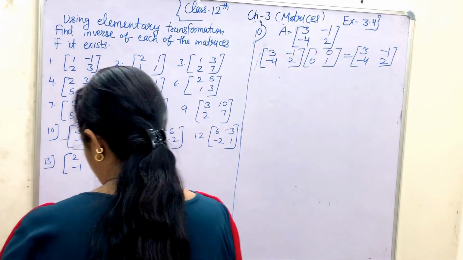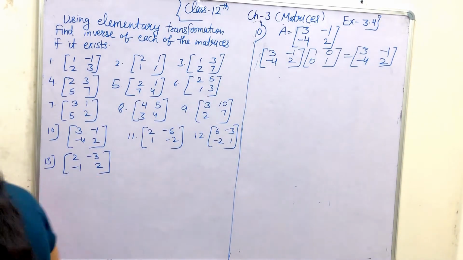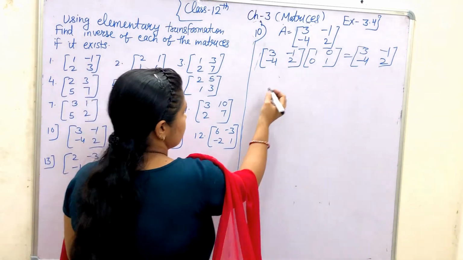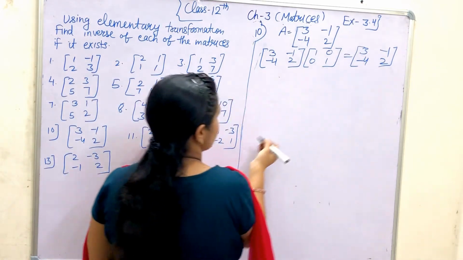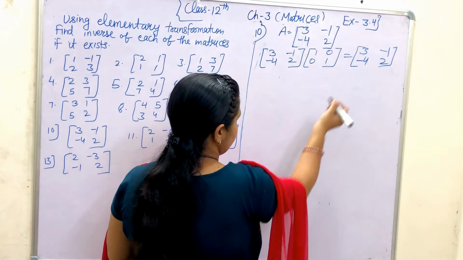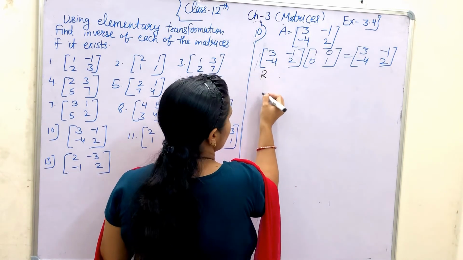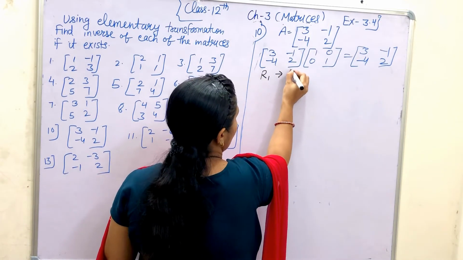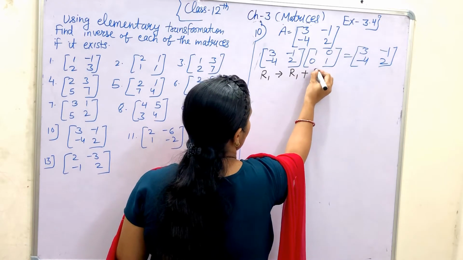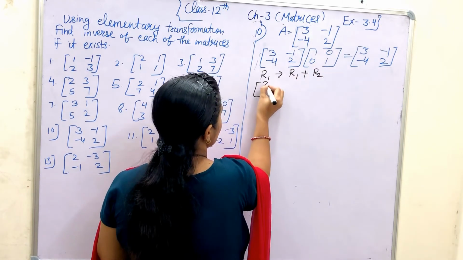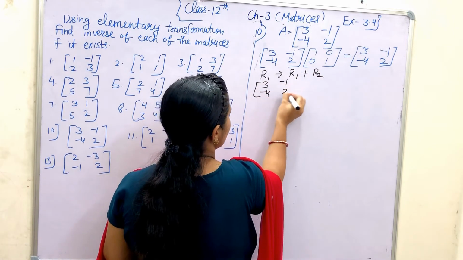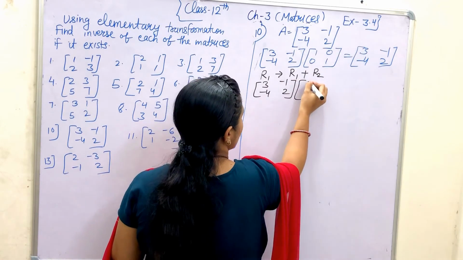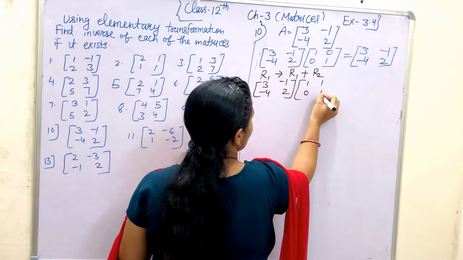Now we will change our matrix here. First we write R1 plus R2, that is 3, minus 4, minus 1, 2, 1, 1, 0, 1.